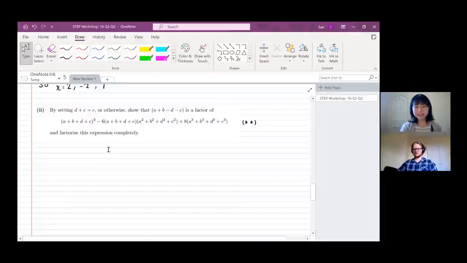But anyway, returning to this part, it tells us to set d plus e equals c, so we should probably set d plus e equals c. And then what do we get? We have star star setting d plus e equals c.